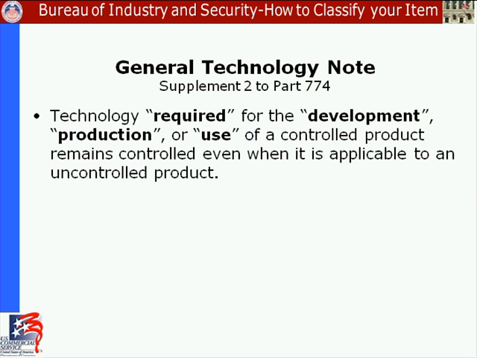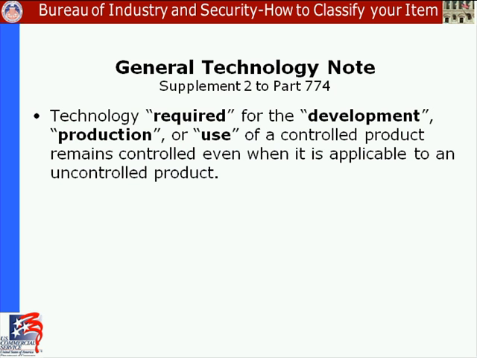Let me give an example. I already mentioned machine tools, so let me use that again. I think your ears are adapted to that already, right? Machine tools are controlled under 2B001. 2 is general industrial equipment. B means production equipment. 001, the 000 series, means control for national security reasons or by the Wassenaar Group.